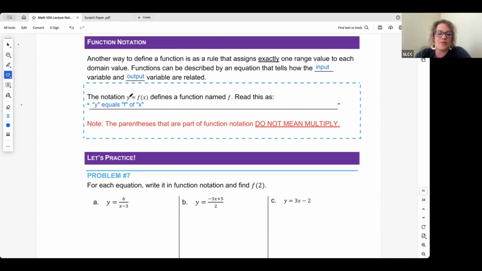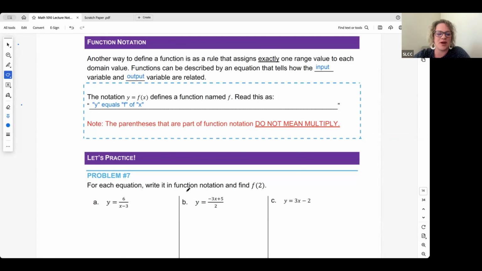Notice the y, the output, can be notated or written as f of x. This is called function notation. Just remember, the f of x doesn't mean multiply f times x. It's a function notation. Hey, what is your output, f of x, when I input x?